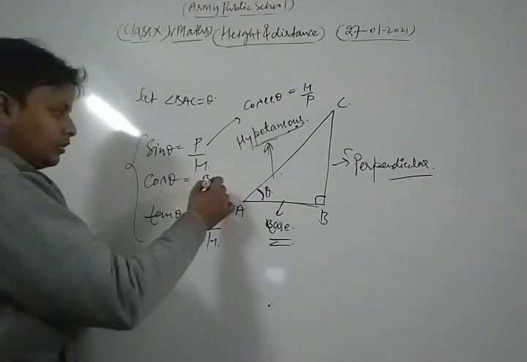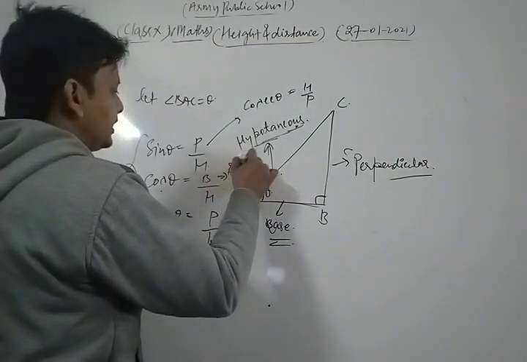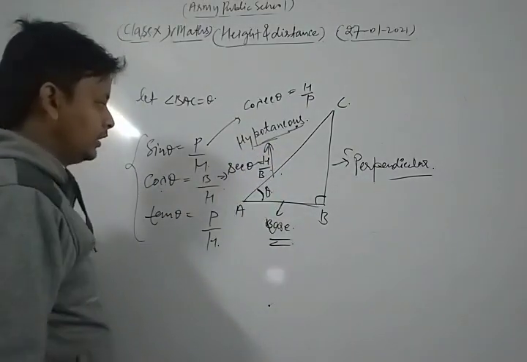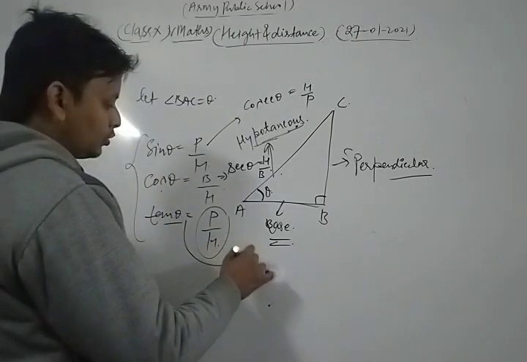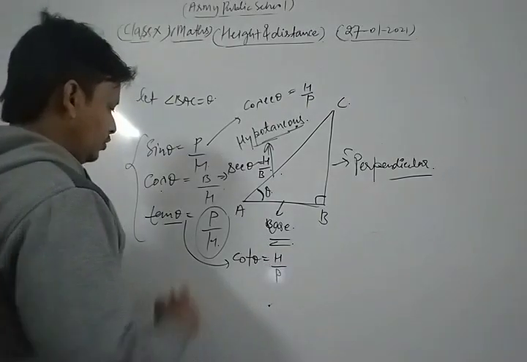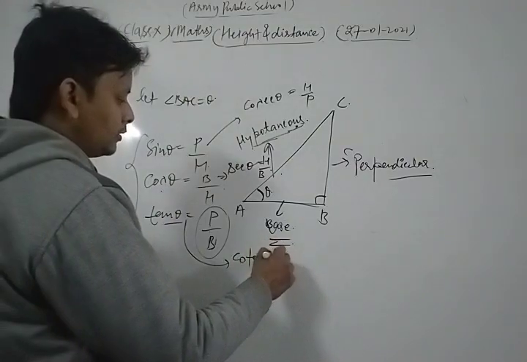Cos theta is equal to base upon hypotenuse, and sec theta is the reciprocal of cos, hypotenuse upon base. Tan theta is equal to perpendicular upon base, and its reciprocal is cot theta, which is base upon perpendicular.